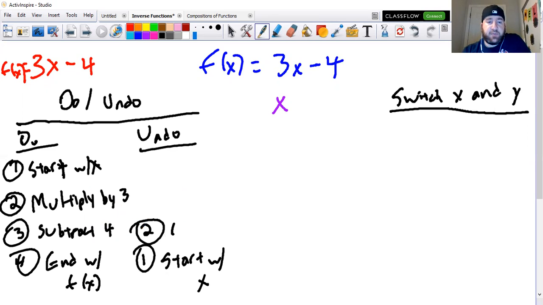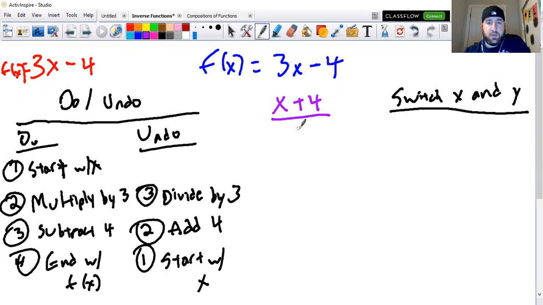So what's the opposite of subtract 4? Of course, it is to add 4. So we will stick a plus 4 here. Then what is the opposite of multiply by 3 for my now third step in undo? It is to divide by 3.